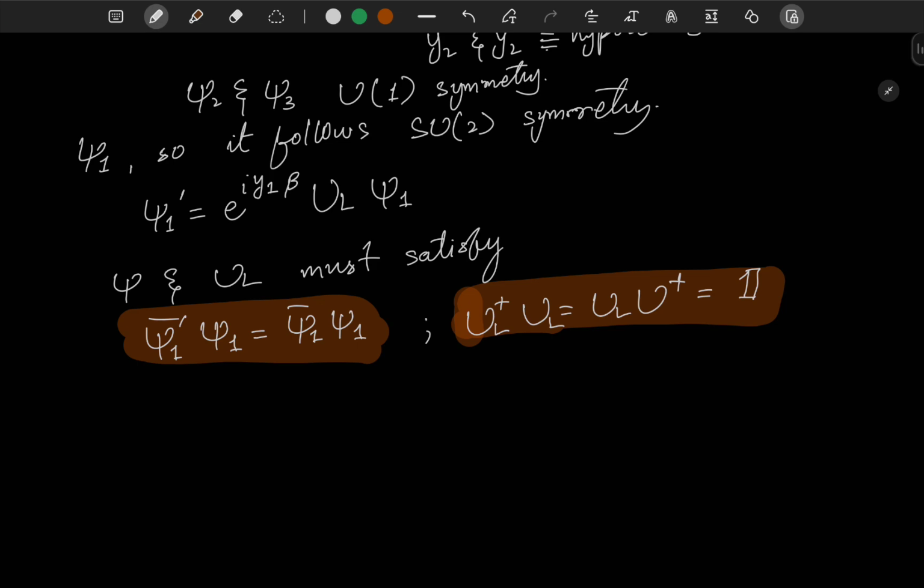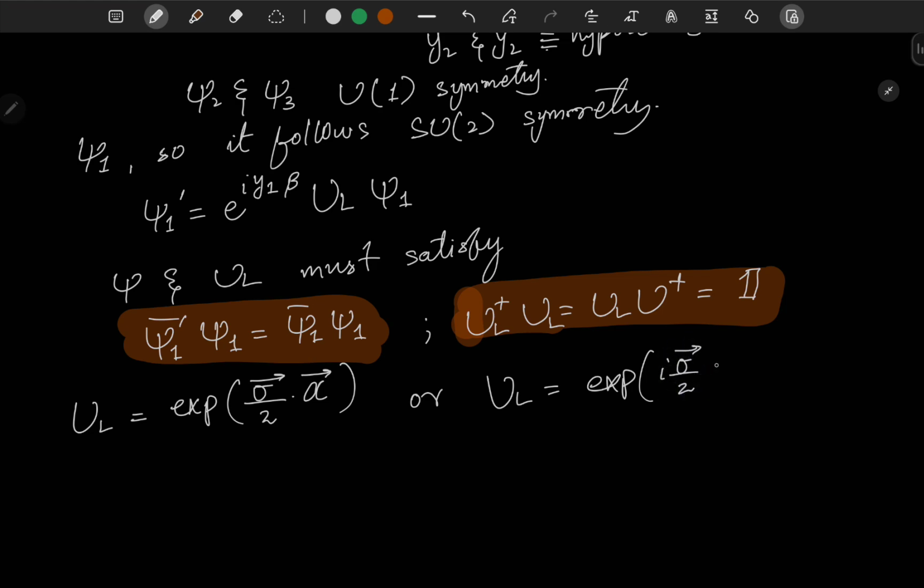Now if we look at how U of L looks, it has this shape: exponent, or we can write it like this, U of L is equal to exponent i sigma upon 2 dot alpha.